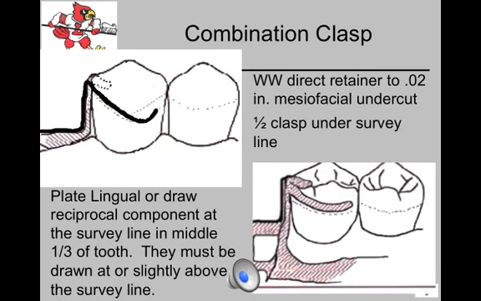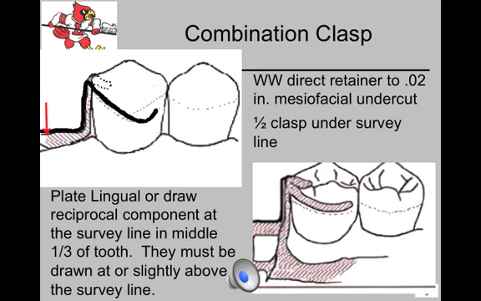On this slide, we have two illustrations of the combination clasp. On the left is the buccal surface. You can see that the wrought wire originates at least a centimeter posterior to the natural tooth where it is soldered to the framework in the base attachment area.